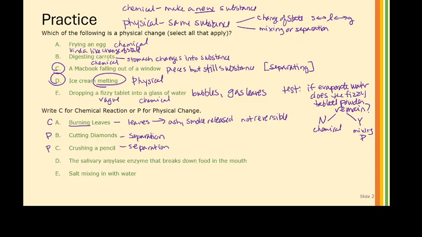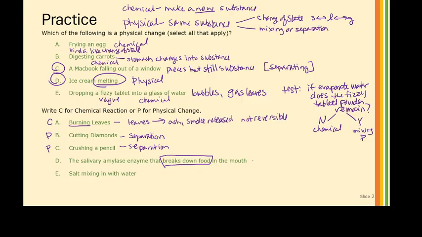The salivary amylase enzyme that breaks down food in the mouth. Again, I don't really know, but it's saying breaks down food. The words breakdown may sound like a separation, but the food is now no longer in its original format.